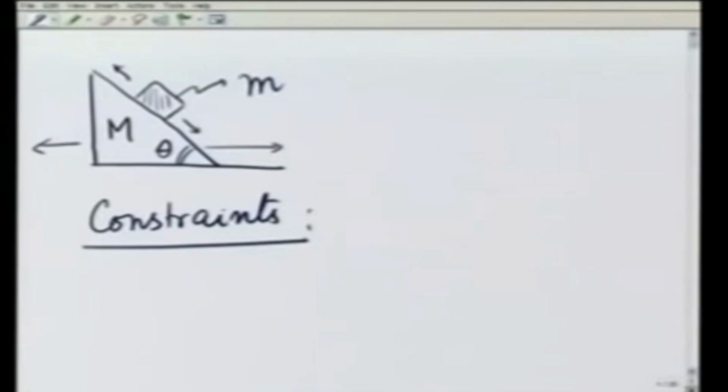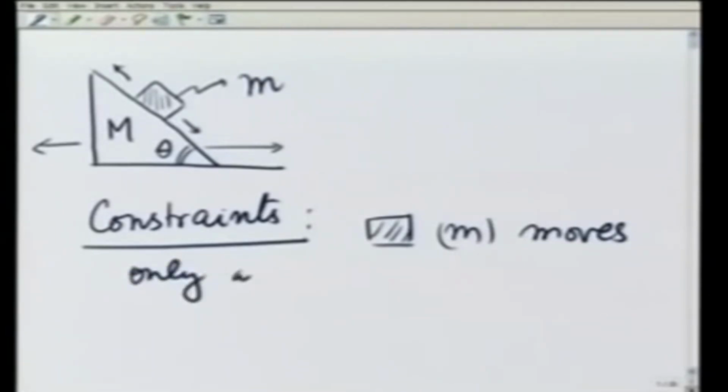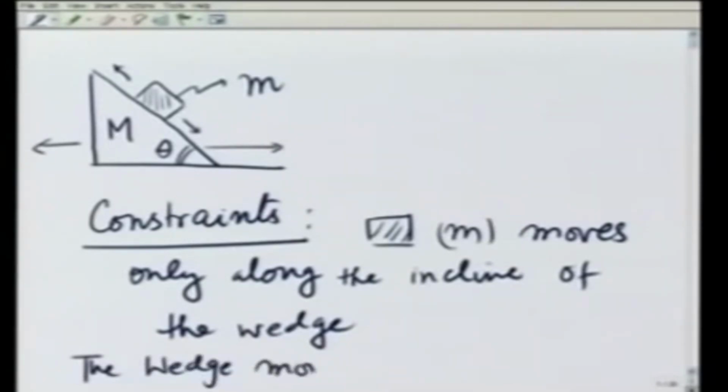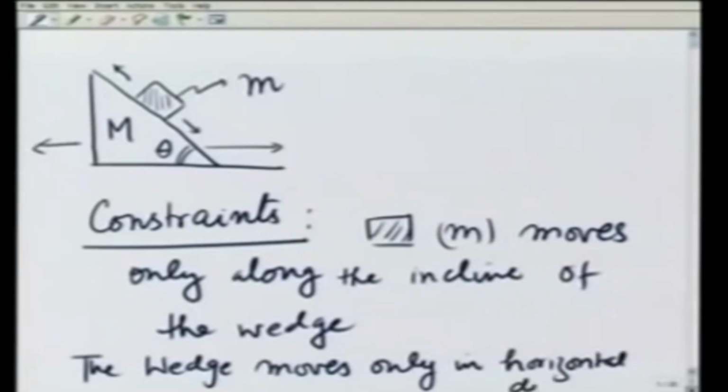Constraints of the motion are that this block of mass m moves only along the incline of the wedge, and the other constraint is that the wedge moves only in horizontal direction.